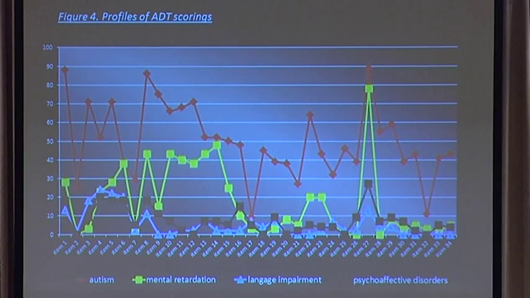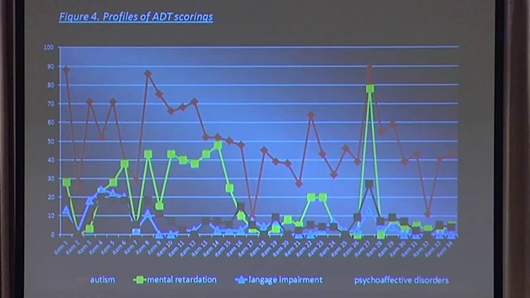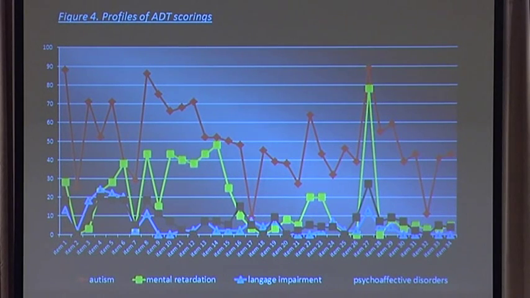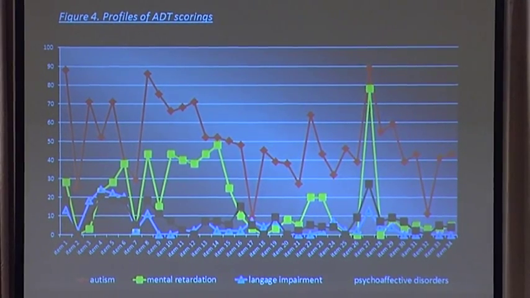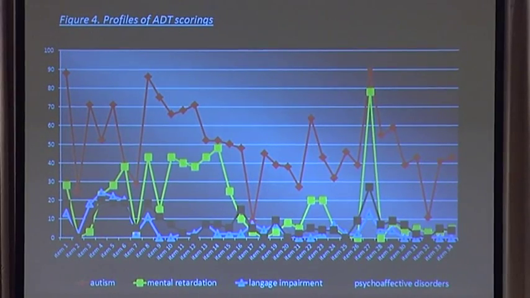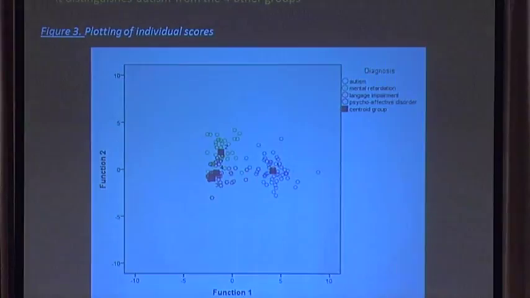Children with mental retardation have a lower score on the questionnaire, but it's quite a similar profile, and you would find some common behavior between autism and mental retardation. Children who have language impairment and psychoaffective disorder are well discriminated on the questionnaire, but they don't score very high. But it's not our aim anyway.